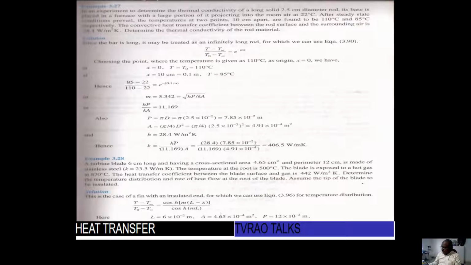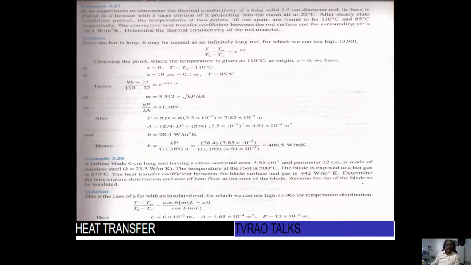Its base is placed in a furnace with a large portion of it projecting into the room air at 22 degrees centigrade. And he has given atmospheric temperature as 22 degrees centigrade. After steady state conditions prevail, the temperature at 2 points 10 centimeters apart are found to be 110 degrees centigrade and 85 degrees centigrade.